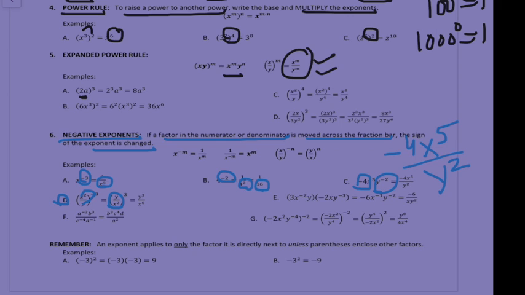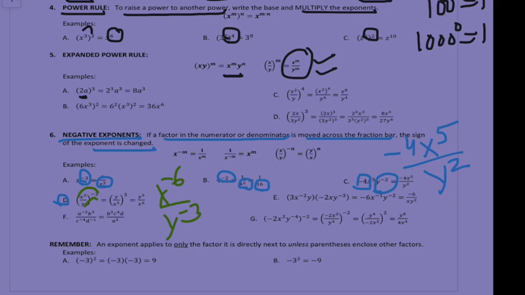Because I think the other way around is easier than the way it's written here. Because if I had distributed these, let me do that very quick. Then I will get x to the power negative 6 over y to the power negative 3.